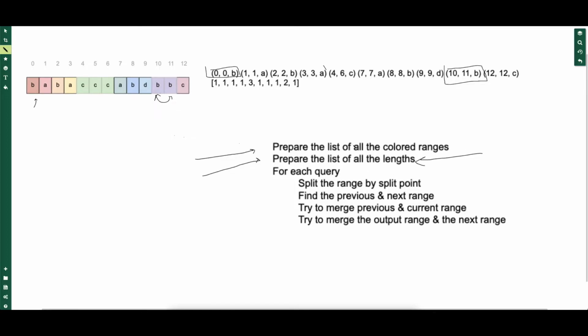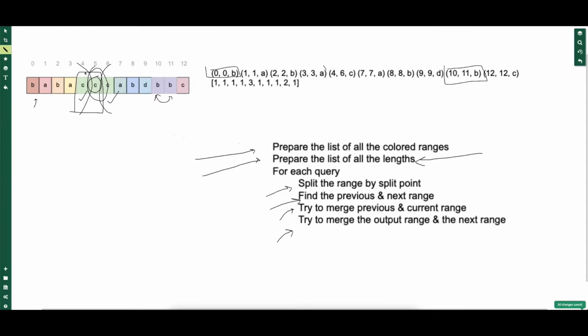Now after we prepare these two things, for each query we will split the range by split point as discussed. So if the query is that change it to something else, we will split it, and then we will take this as a new segment, and then we will find the previous and the next range, basically this one and this one, and then try to merge the previous with current, merge these two if they are mergeable, and with the result try to merge the next range.